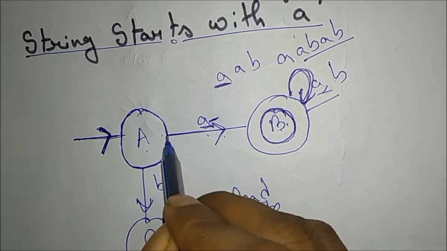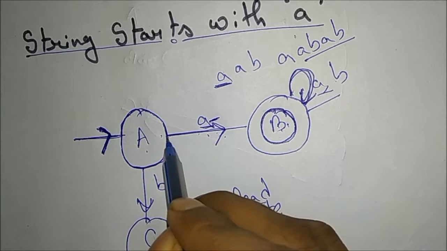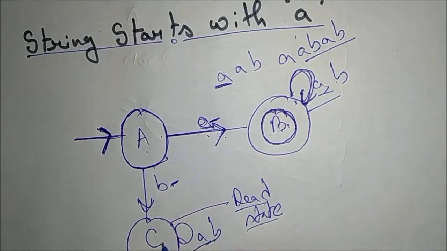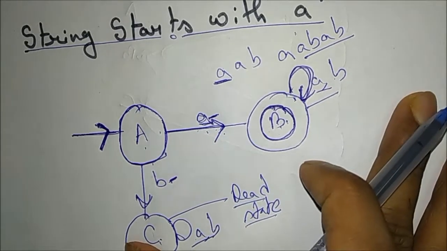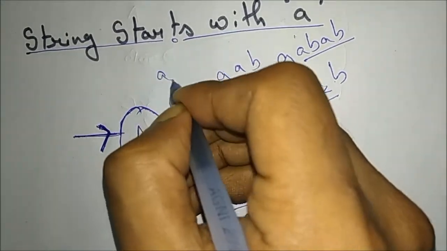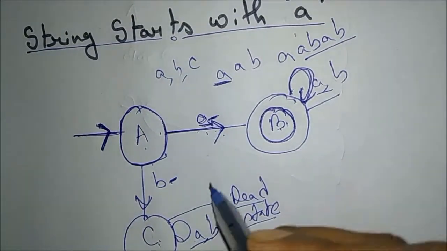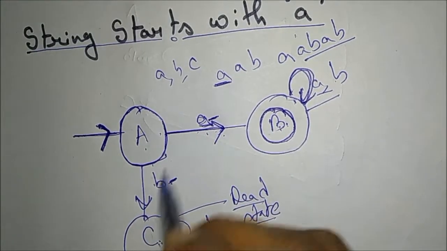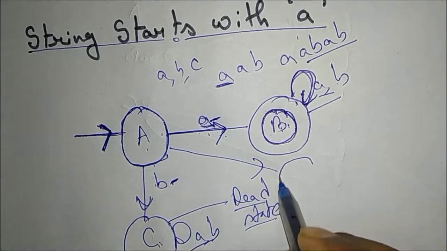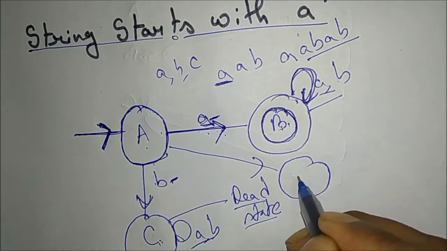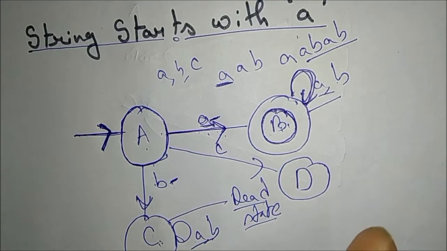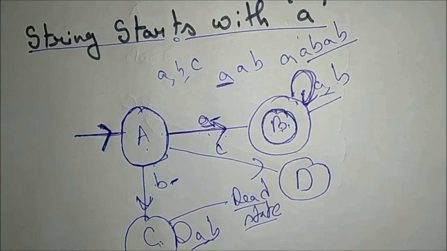So input A goes to state B, and B goes to state C. For example, if there are 3 inputs A, B, and C, and A goes to state B and B goes to state C, then there will be another state where C goes. Please understand clearly. So it is deterministic.